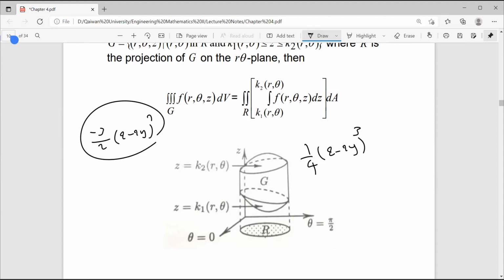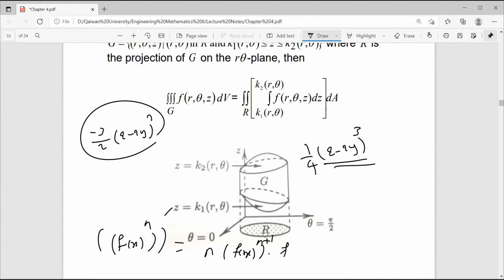Okay, let's check. The derivative of this function: if we have f of x to the power n, its derivative is n times f of x to the power n minus 1 times f prime of x. We apply that rule here.